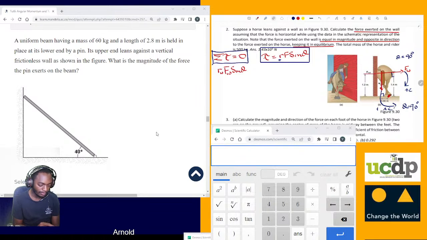We said the clockwise is negative, not positive. Clockwise is negative. The anti-clockwise is positive. So this should be negative, then plus the weight, so I'll just say this is r W.